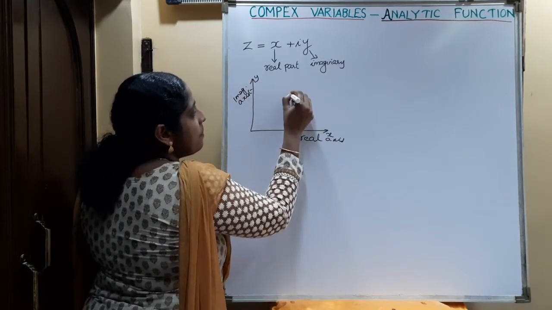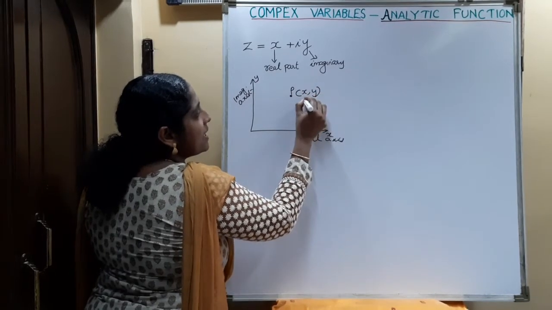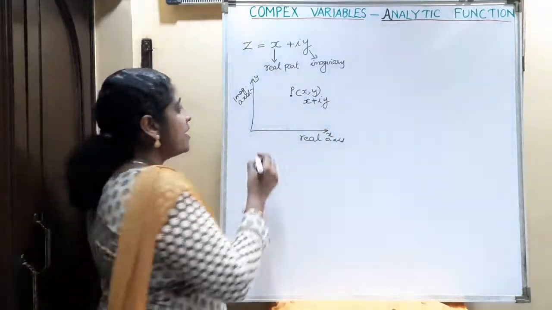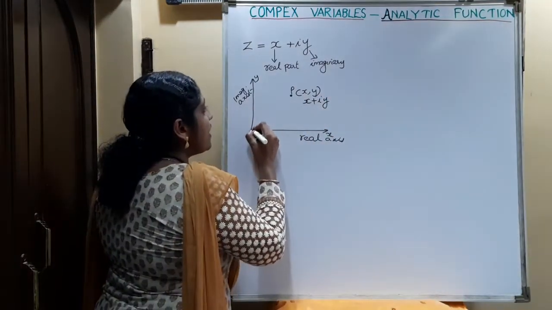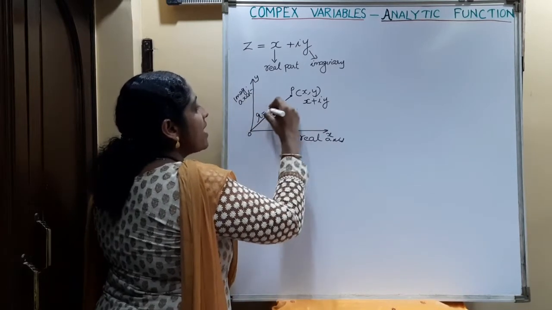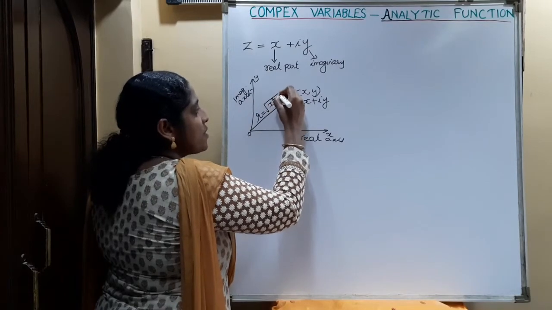Then the point P is (x, y), which means this complex number is x plus iy. The distance from the origin is the modulus of this complex number, and it will be root of x square plus y square.